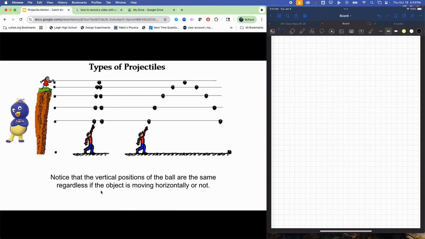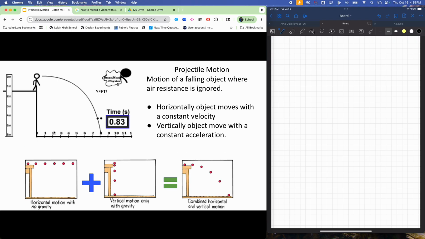So regardless of if the object is moving horizontally or not, when it moves through the air, the vertical positions are going to be the same. This is on the way up, and on the way back down is the same, whether it's thrown straight up or straight down, thrown at an angle, or dropped horizontally. And that has to do with the fact that the only force acting on it is the force of gravity, which gives it that negative 10 meters per second squared acceleration.